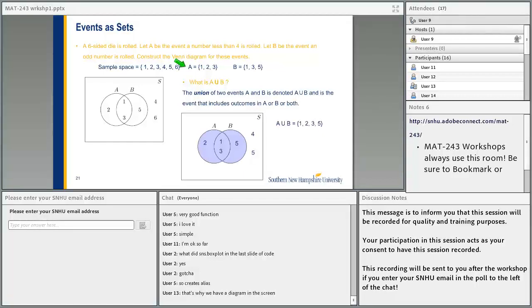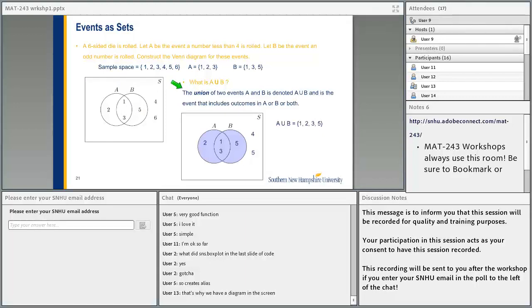And then the remaining values are written in the respective circles. So for A we have 2, for B we have 5. And then there are 2 more values in the sample space which are not included in these outcomes. Those are 4 and 6. So those would be outside of the 2 circles, but inside the rectangular box. So this is a Venn diagram.